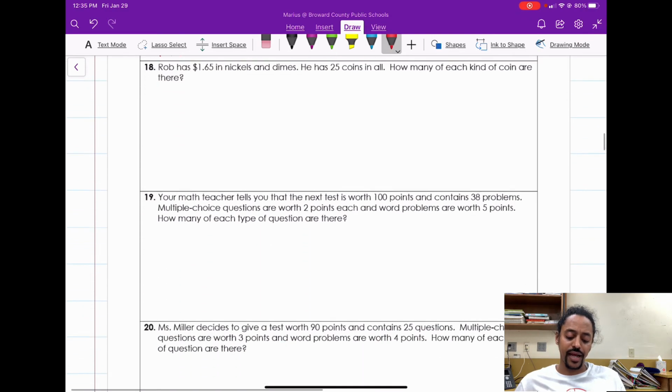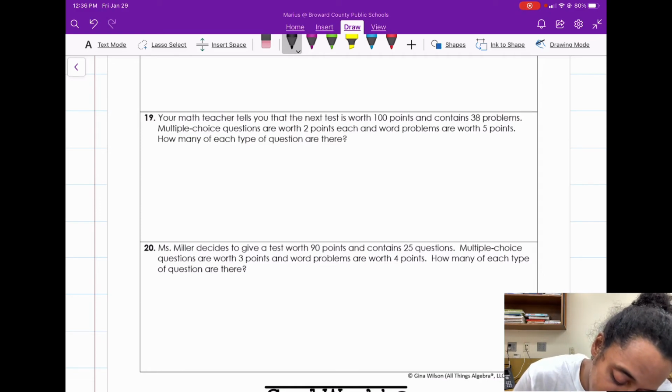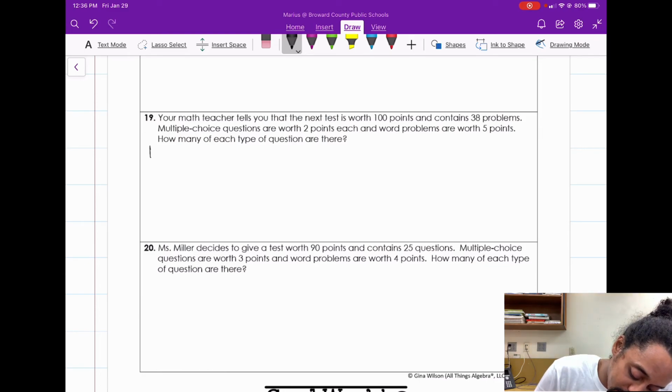Let's take a look at number 19. This is our last one, number 19. Number 19 reads, your math teacher, Mr. Knowlin, tells you that the next test is worth 100 points and contains 38 problems. Multiple choice questions are worth 2 points each, and word problems are worth 5 points. How many of each type of question are there? First, like we've been doing this whole time, let's define our variables.